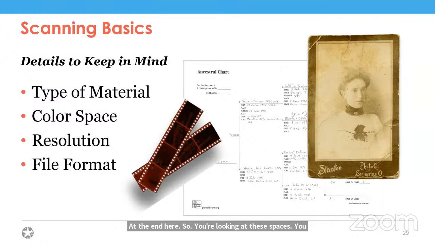You scan as a TIFF or PNG format for archival. A JPEG is good for general photo use. The documents can also be saved as a PDF. We get into more detail over this in the digitization basics, so I won't go into it here, but there's other things to consider.